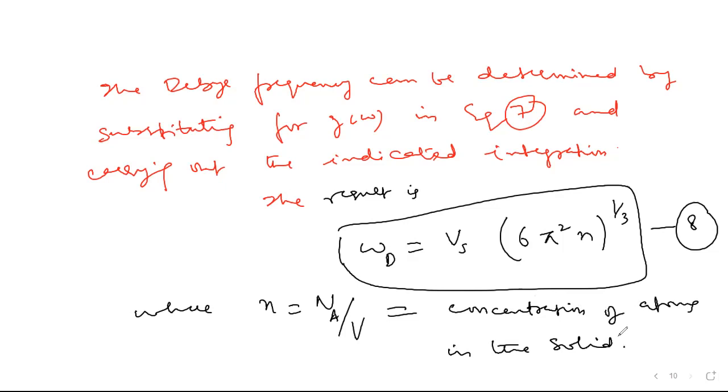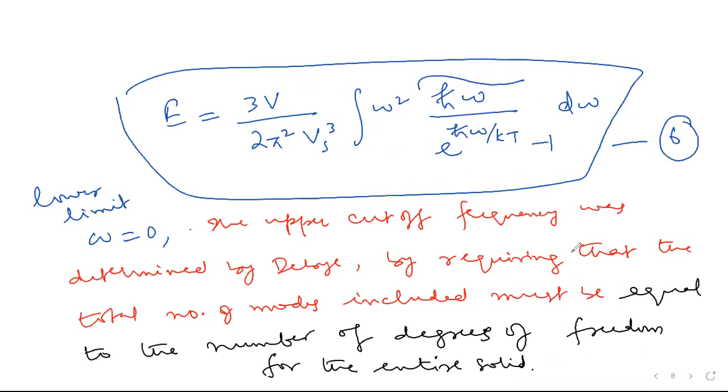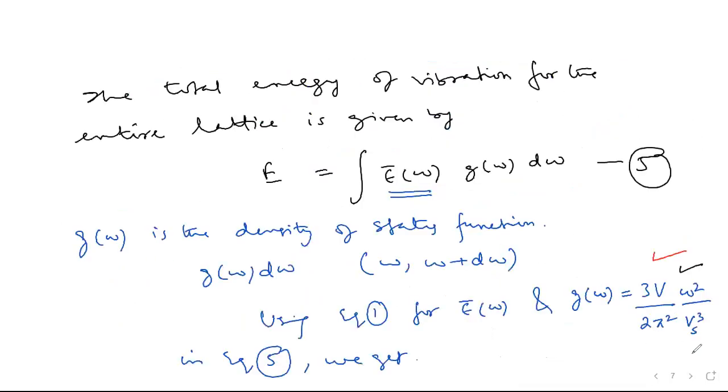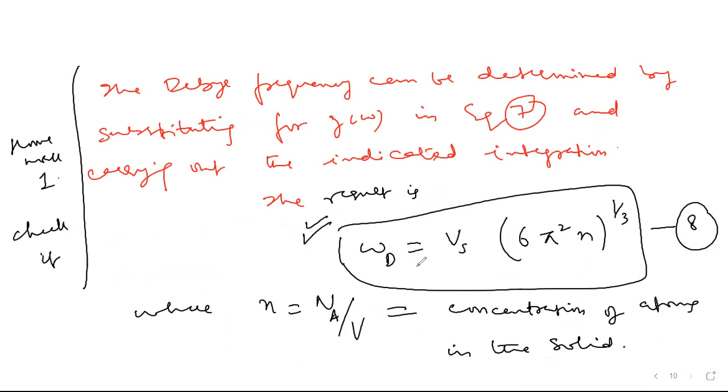You check it. This is your home assignment, homework 1. What you have to do is simple. You have to substitute for G of ω into equation 7, then solve this integral and check that the Debye frequency is given by equation 8.